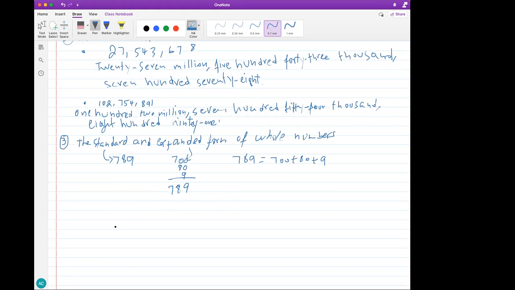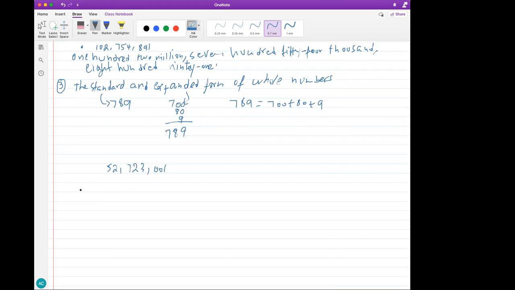It could be a large number, let's say 52,723 or something like this. Same way, it's going to be a large expanded form. You can write it like this, or as a vertical line. This one is a little bit longer, so let's write it in a vertical line.